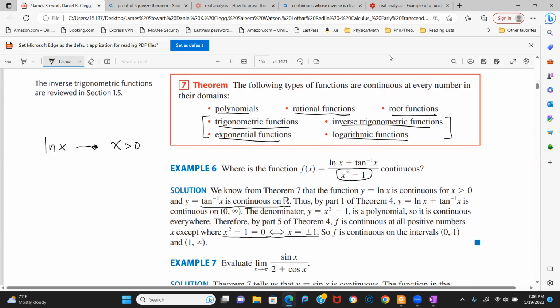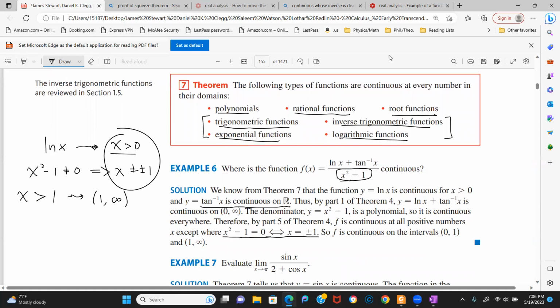So the two restrictions we have are the ln function appearing in the numerator, which implies that x has to be positive, and then we want x squared minus 1 to be non-zero, so that implies that x is not equal to plus or minus 1. And when you combine these two conditions, you get that x has to be bigger than 1, which corresponds to the interval 1 to infinity, like we have here.